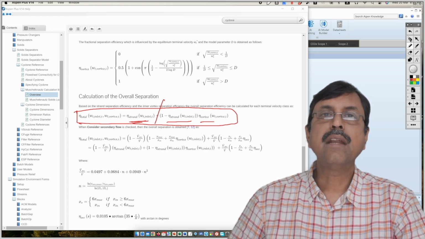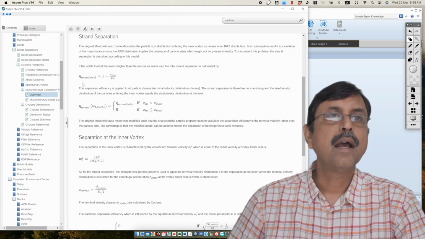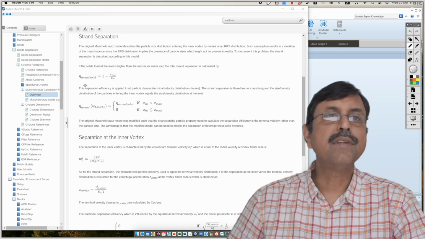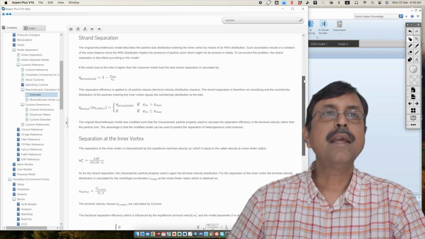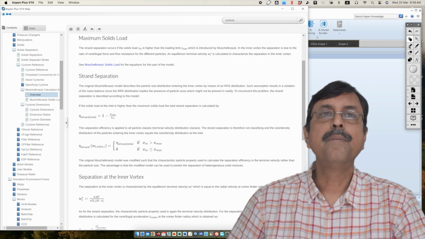Now, what is strand efficiency and what is vortex efficiency? If you go here, you see this is the strand efficiency. Okay, it is 1 minus x max by x in, and x max by x in, what are they? This is the load.